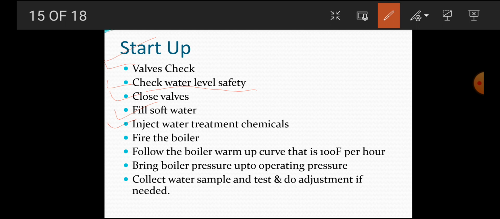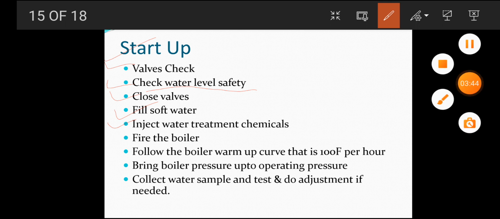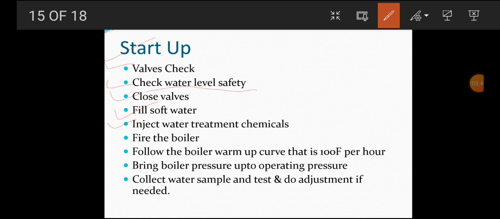After the chemicals have been added, what will be the next step? Once the water is full to the operating level, we need to open the fuel system and fire the boiler.